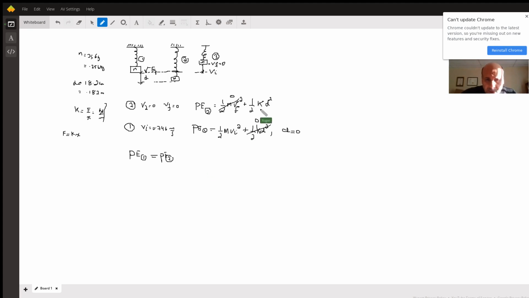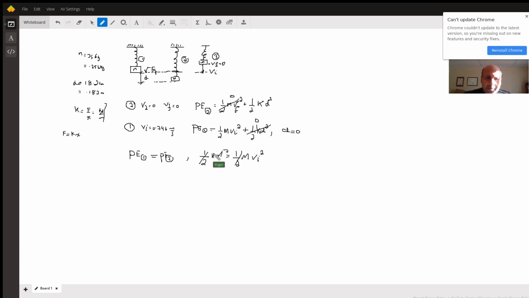So we're basically equating these two terms together. So it will be half k d squared equal to half the mass times vi squared. And you can see here half and half cancel out.